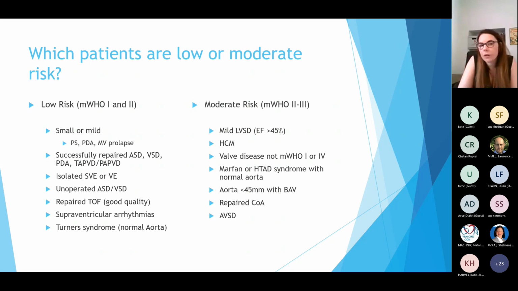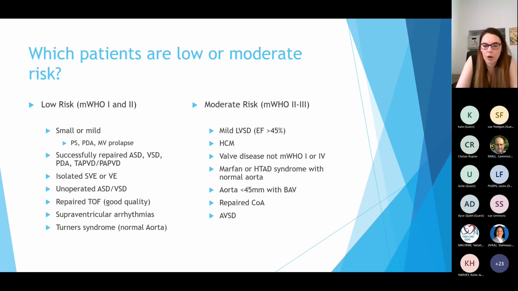So those that are low risk from the class 1 and class 2. These include patients with mild valve disease or simple lesions or arrhythmias such as supraventricular arrhythmias or isolated ectopics. It does also include repaired tetralogy of Fallot, but to note that this is only if the repair is of good quality.